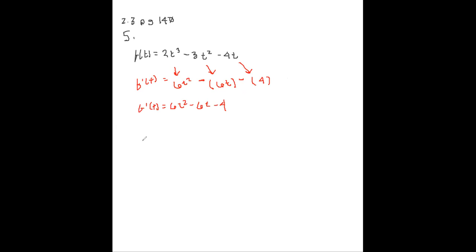Okie doke. What about, let's try number 8. We have the function h of u is equal to 3u minus 1 times the quantity u plus 2. So what type of rule should we use? Step 1, identify what type of rule we need to be using.